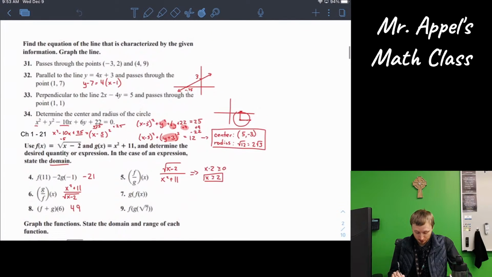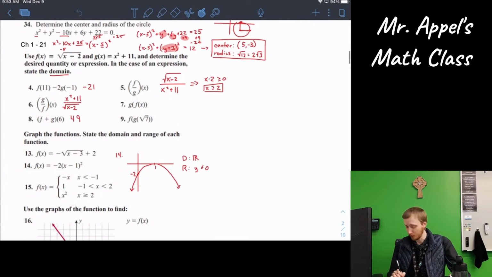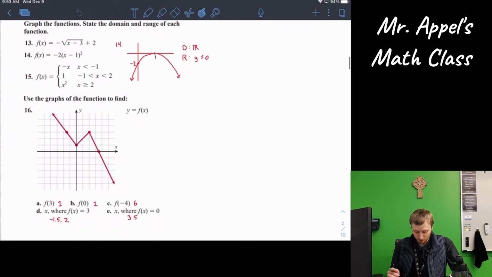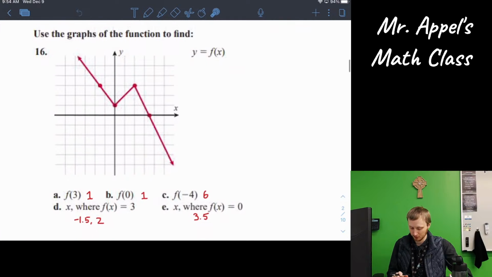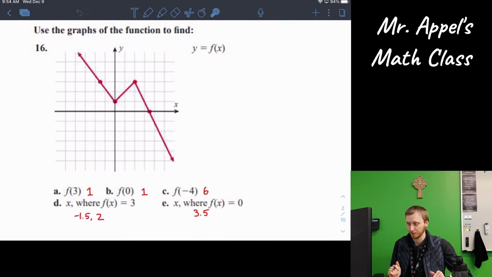And chapter 1-21. Yep. This guy used the graph of the function to find. I thought these were great questions. Relatively straightforward, reading stuff off the graph. All right, there were multiple parts there. Which one is giving you trouble? All of them. Okay, fair enough.